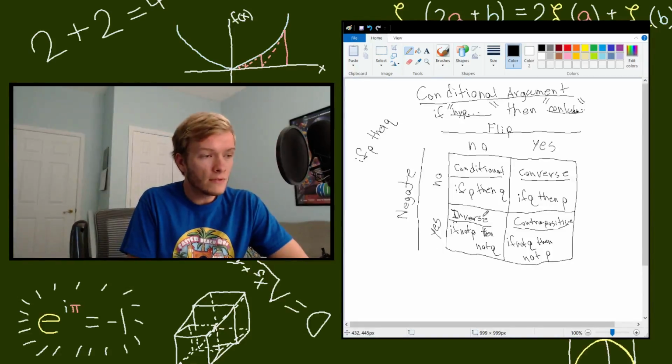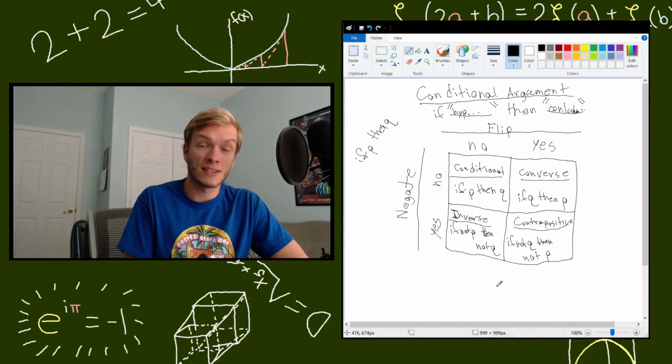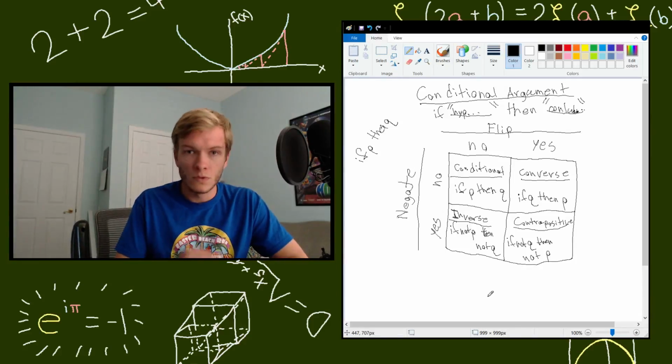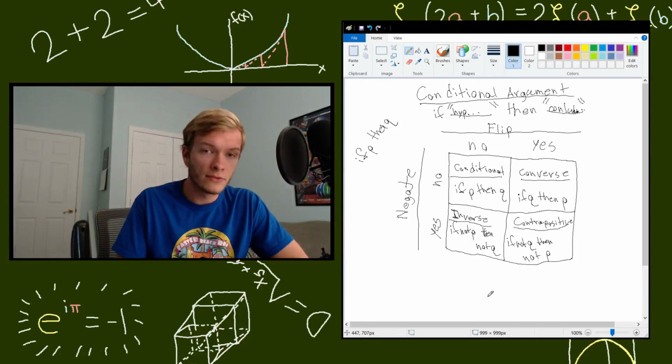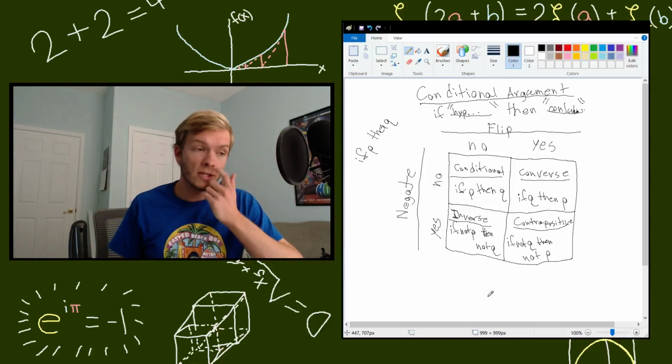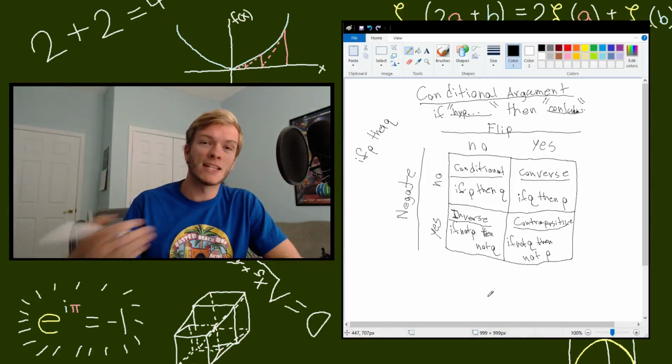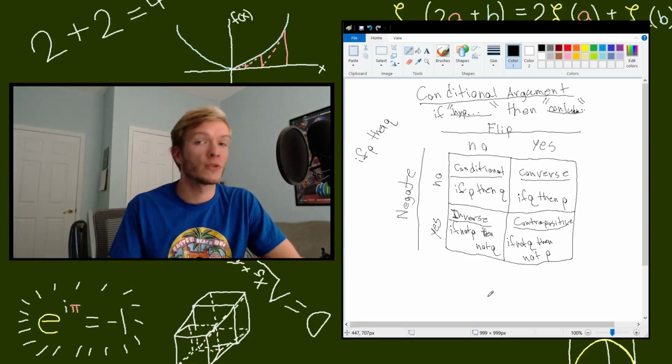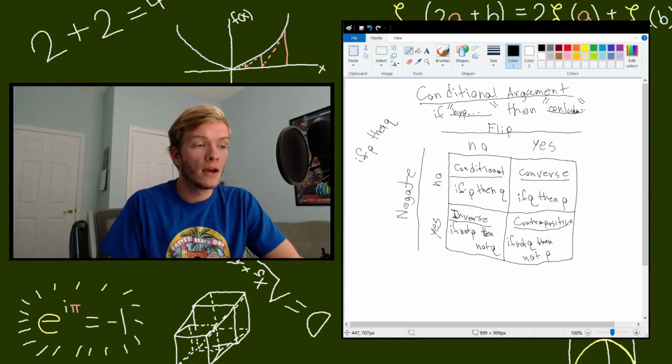If we look at the inverse, if it is not raining, then the grass is not wet. Well, this logically is also false, because we could have a different situation where rain isn't the cause of the grass being wet, but the grass still becomes wet.